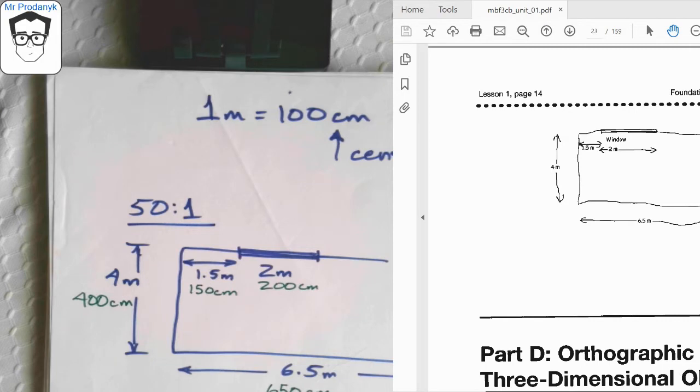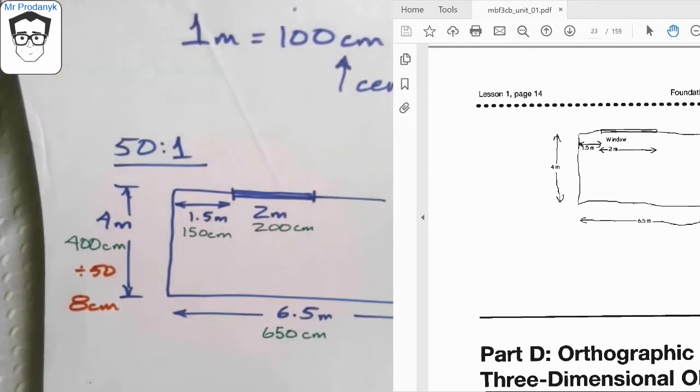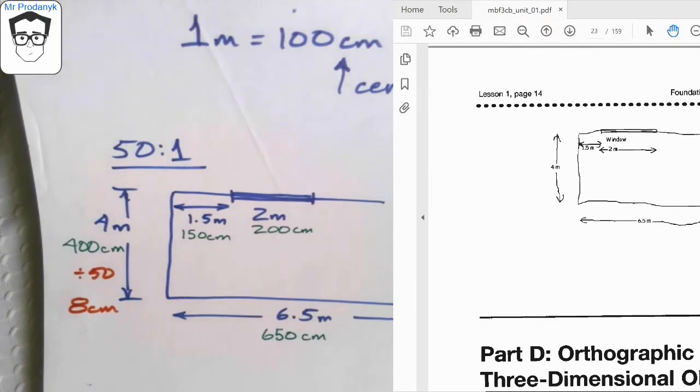So when I take the 400 and divide that by 50 for my scale, this is going to be an 8 centimeter length when I draw it on my actual scale drawing. On the bottom, the one that's 650 centimeters, I take the 650 and divide that by 50, and this is going to become 13 centimeters on my drawing.